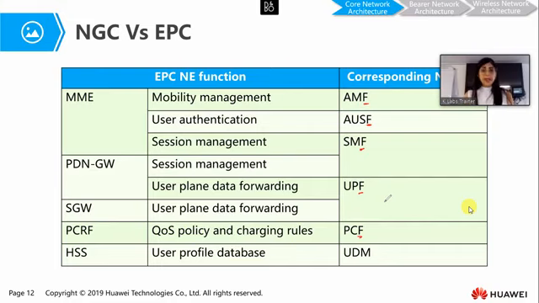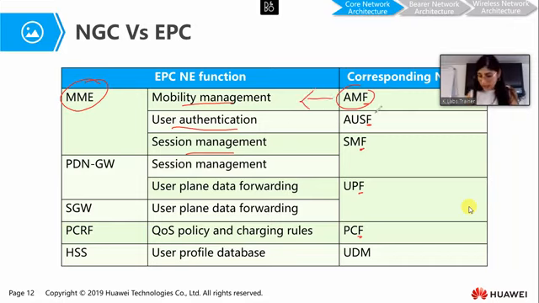Another difference is that in the 4G core network, we have some overlapped functions. For example, the MME is responsible for mobility management, for user authentication, and for a part of the session management. While in the 5G core network, the AMF is responsible only for mobility management.